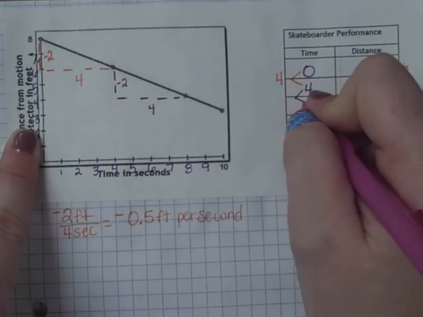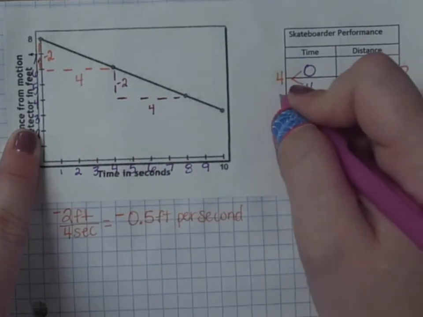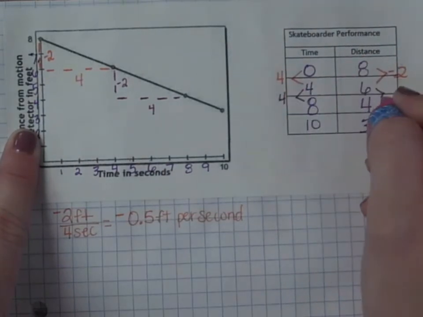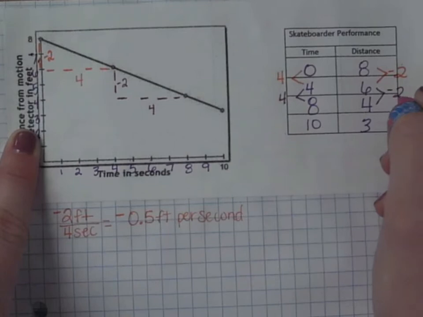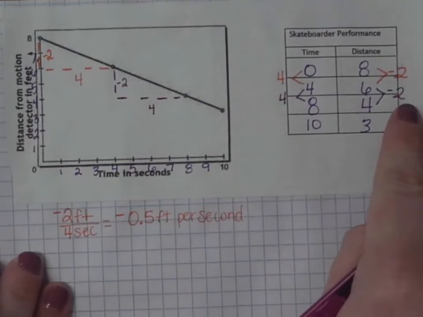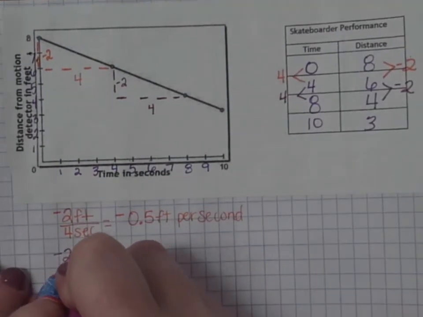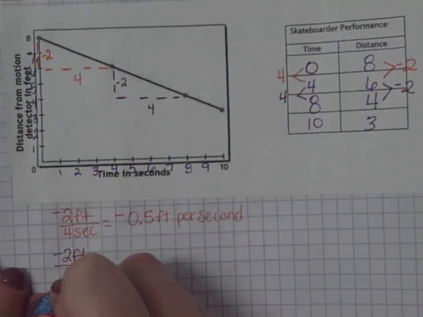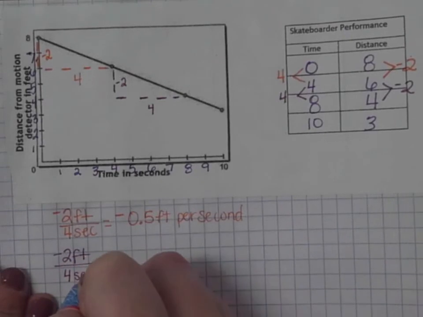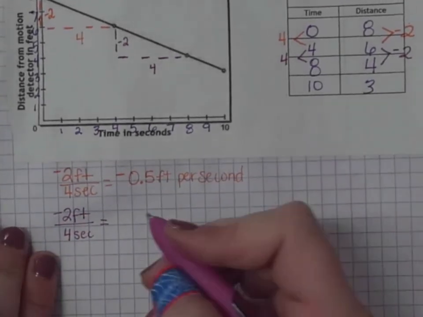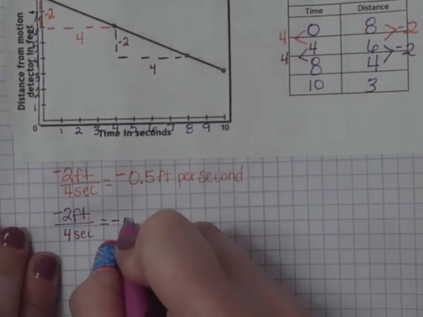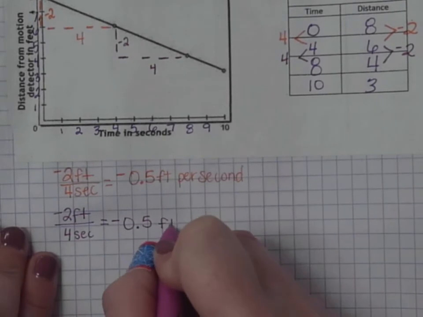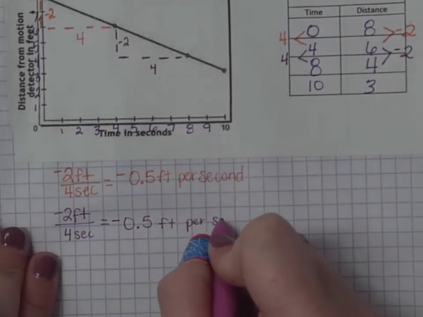So again, from 4 to 8, that changes by 4. From 6 to 4, that goes down 2. So I'm going to again set it up -2 feet for 4 seconds. And so again, that would be -0.5 feet per second.